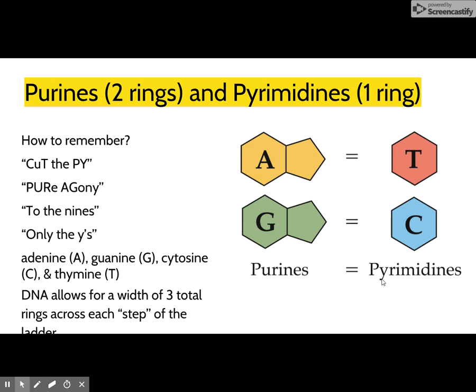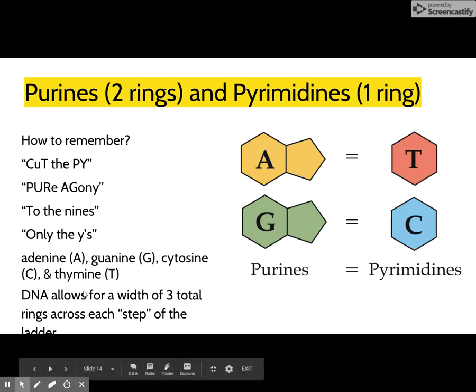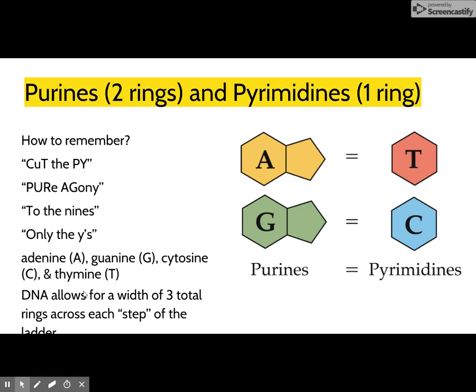Pyrimidine is spelled with a Y, cytosine is spelled with a Y, and thymine is spelled with a Y. So only the Y's, dressed to the 9s. There are others like cut the pie. C and T for cut, and then pi for pyrimidines, and pure agony. So they're purines, and they have AG, so pure agony. Any of those are fine. Just make sure that you have some kind of system for remembering these.